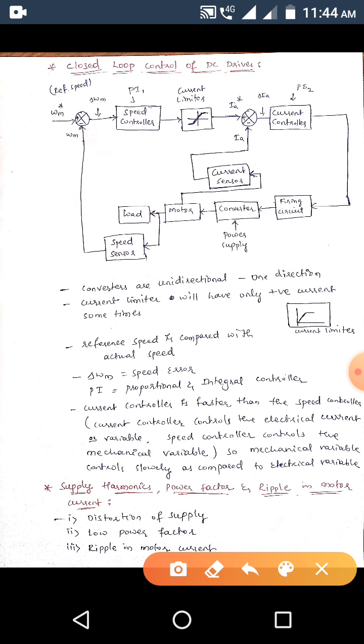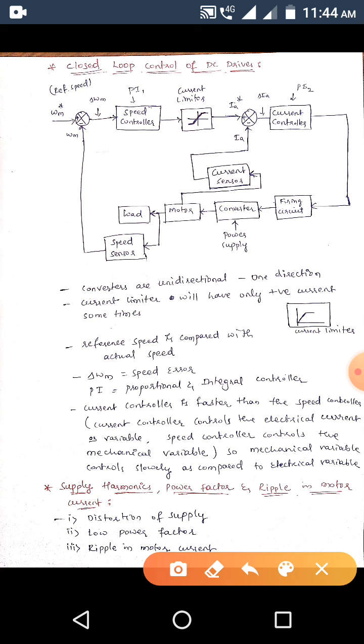Those speed errors are fed to the speed controller, which is going to control the speed of the motor. There are many types of speed controllers; here we have used the PI controller, which is nothing but the proportional and integral controller.